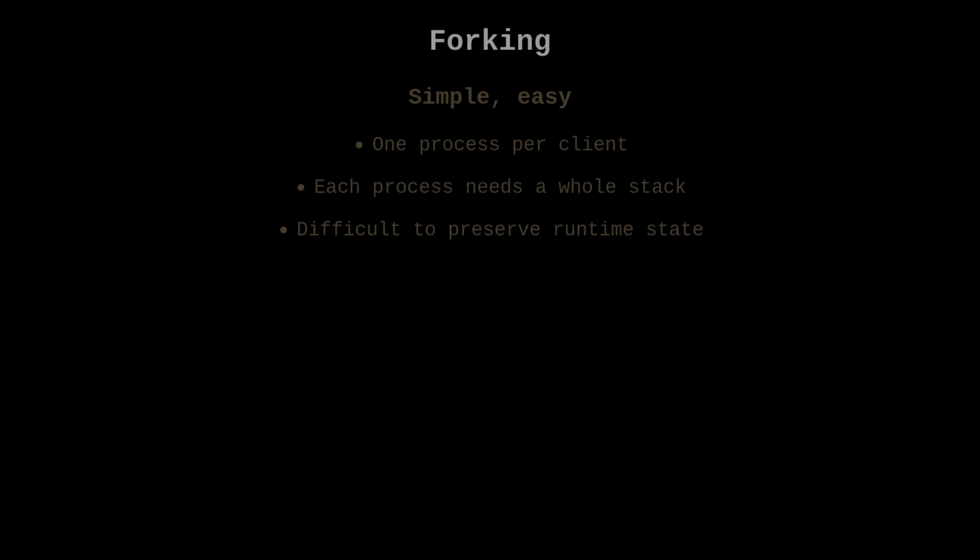The first is that it requires starting a new process for every client, which takes a lot of memory comparatively, and it doesn't easily let you preserve the runtime state because it can't keep running because it has to start a new process for every incoming connection.